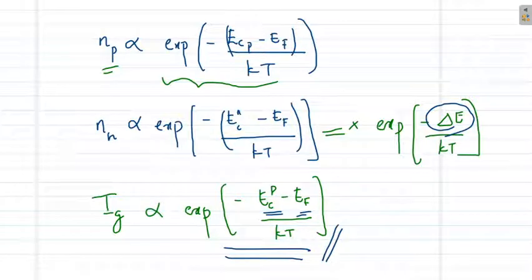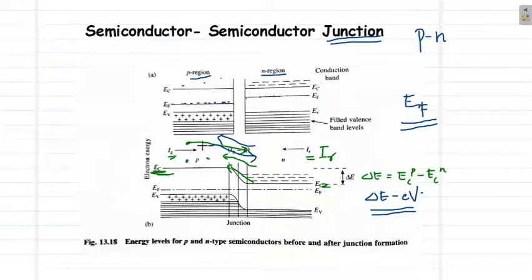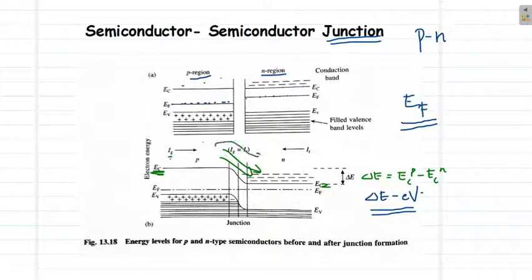So Ig, which is the electron motion from the P side to the N side, will be the same, because they are not facing any barrier when they move right. They are already moving downhill, and even if the hill size is less, they will move at the same rate. But in the case of electrons moving from the N side to the P side, they are moving uphill, and reducing this height will have a greater effect on that.